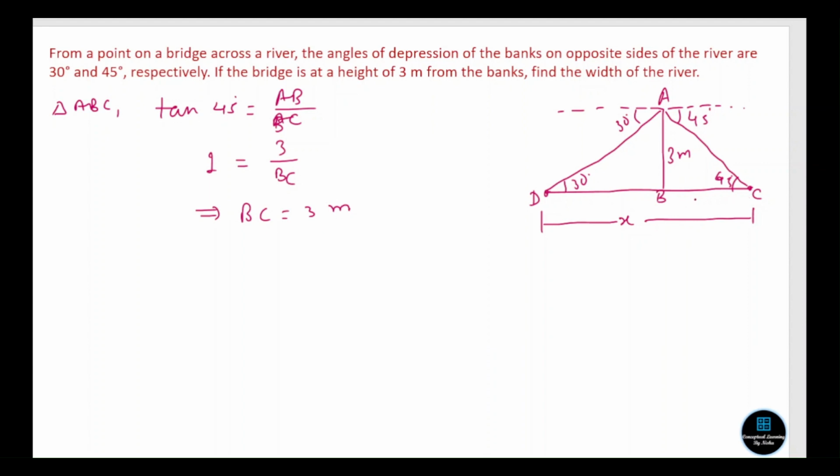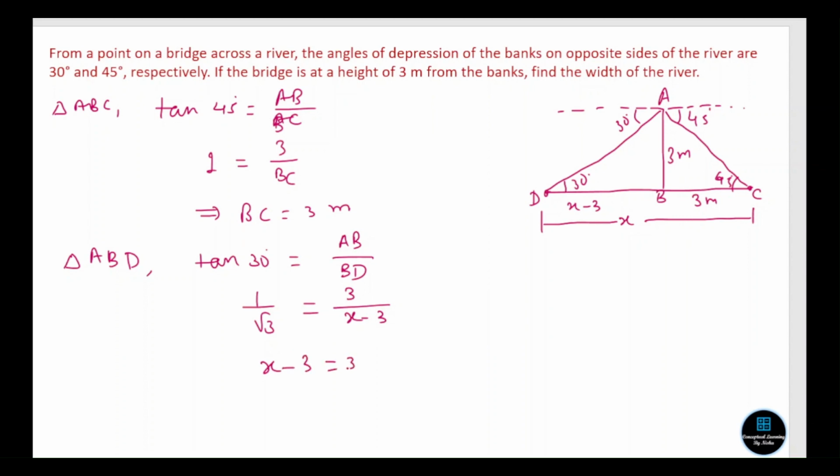Alright, we got this 3 meter here. So what I can say about BD now? x minus 3. Correct? Alright then, let's take the triangle ABD. Now tan 30 degree is what? AB upon BD. Tan 30 is 1 upon root 3. AB is how much? 3. And we got BD equals x minus 3. So x minus 3 is equal to 3 root 3.